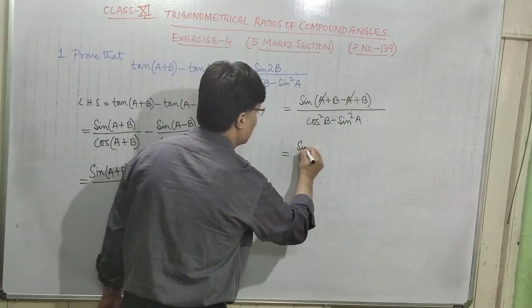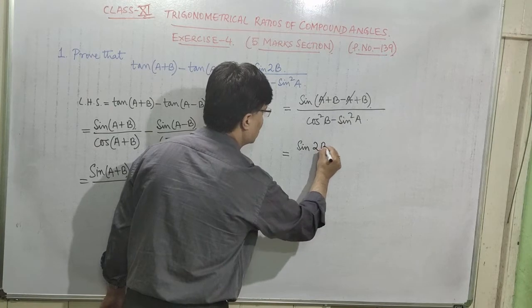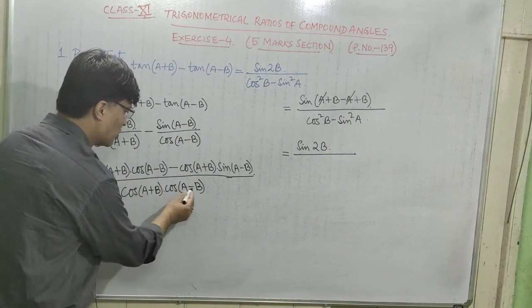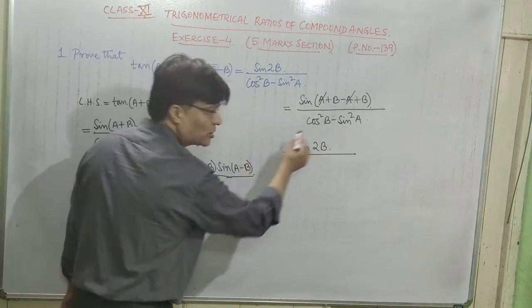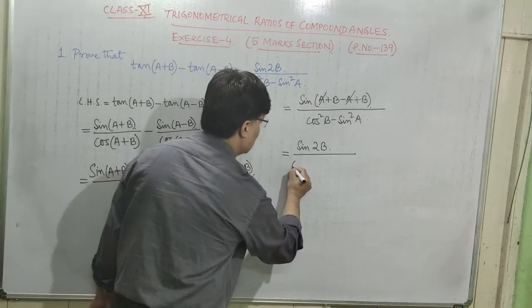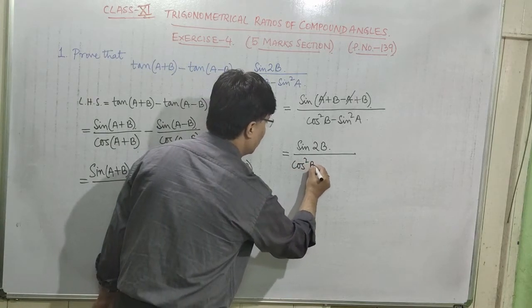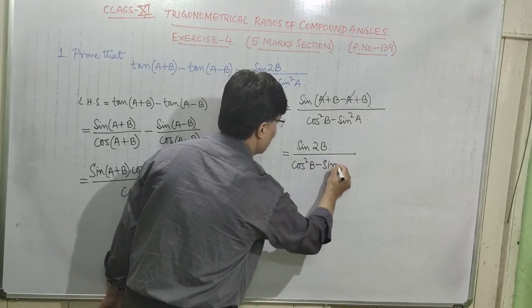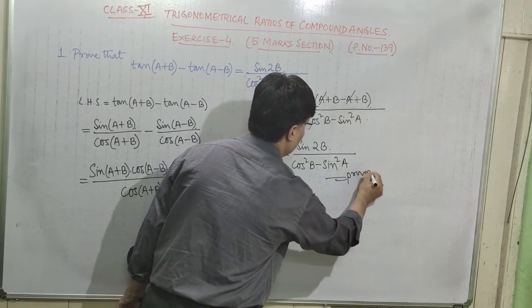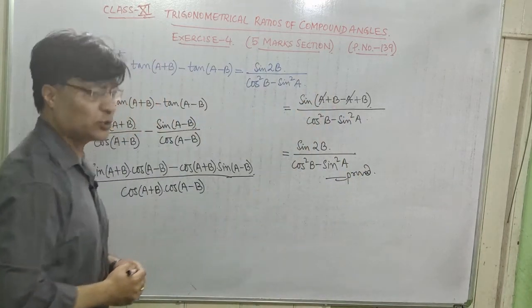So it is sin, this is b plus b is 2b divided by, so cos of a plus b into cos of a minus b, what is this formula? Cos square b minus sin square a, right? So divided by cos square b minus sin square a. So it is proved. So I think you have understood it.